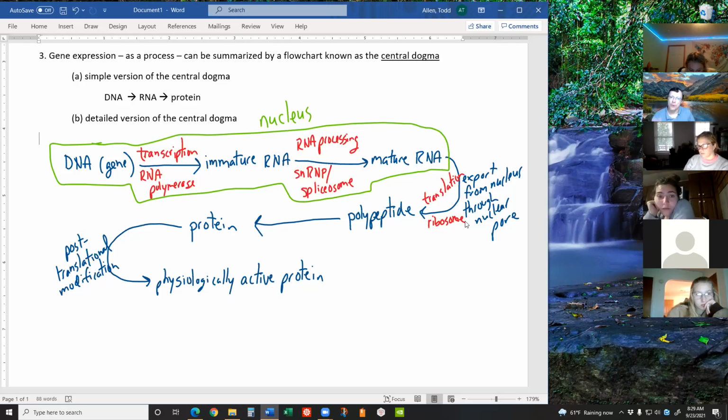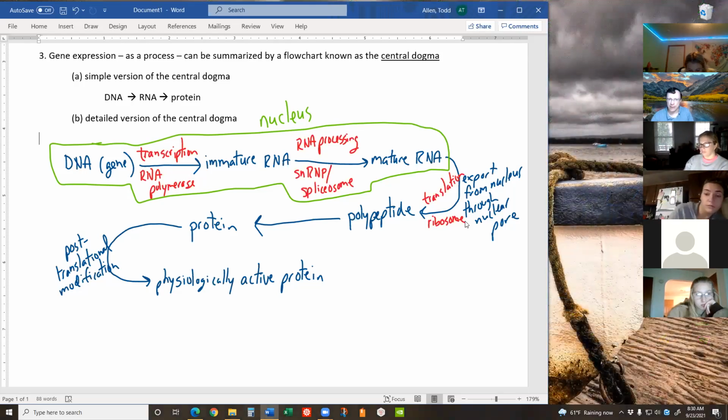Okay, so the mature RNA is transported out of the nucleus where some ribosomes present in the cytoplasm translate the RNA into polypeptide. A lot of people think that polypeptide and protein are the same thing. And you know what? They kind of are, but there is a subtle important distinction. When you have a polypeptide, you have a molecule that is kind of like a shoestring.